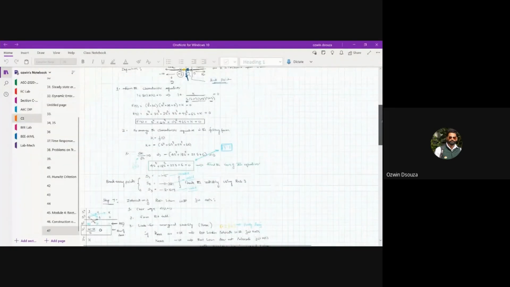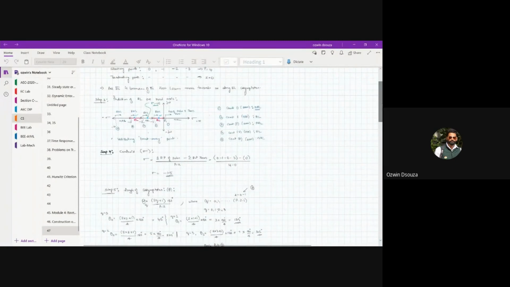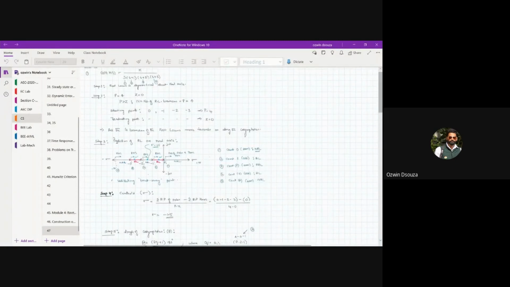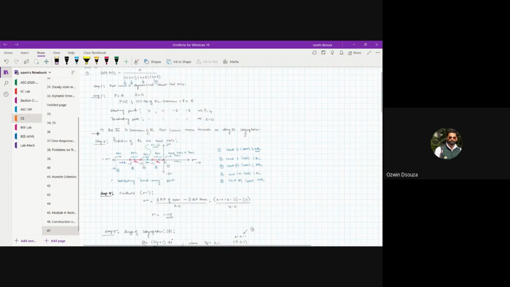Now in step 2, you had predicted that all the four branches of the root locus move towards infinity along the asymptote. Is this the case with our graph? Yes.